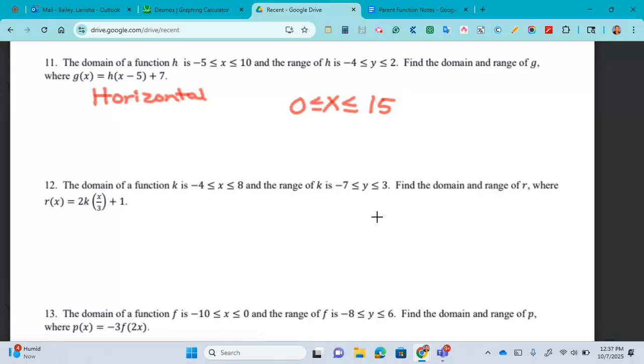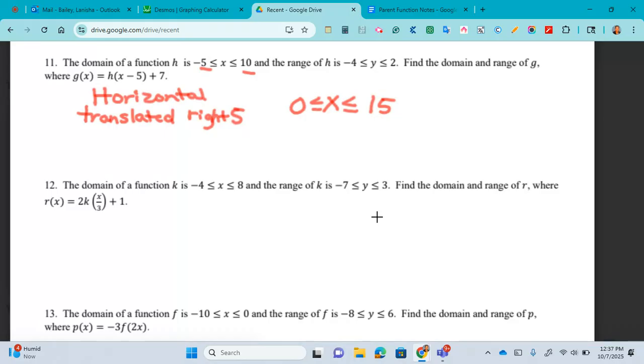Since it was horizontally translated right 5, all our domains will move to the right 5. So that -5 will go to 0, and that 10 will go to 15.